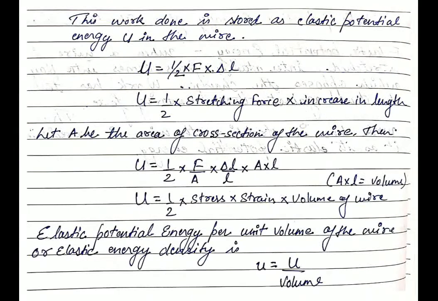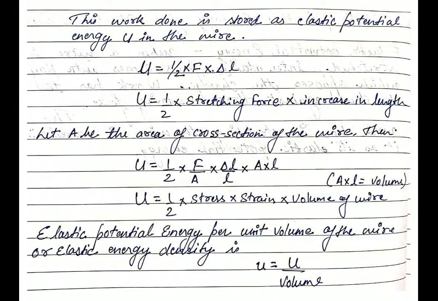So students, this work done is stored as elastic potential energy U in the wire. Simply, U is equal to half into stretching force F into delta L, that is the increase in length.